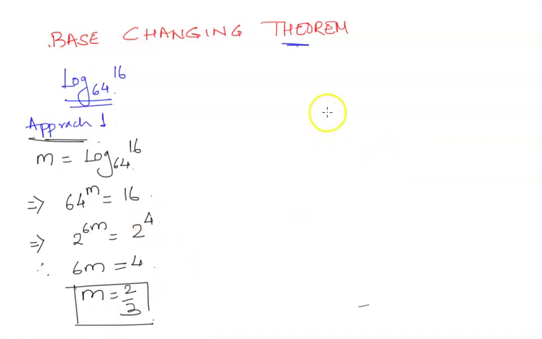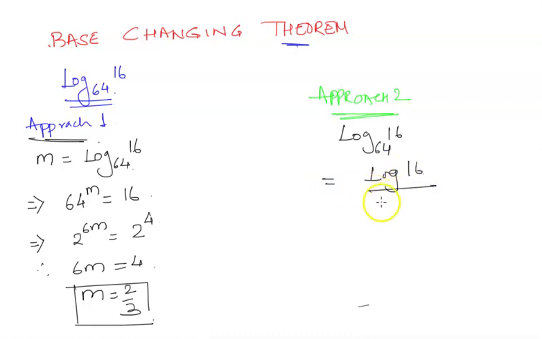Now let's use approach 2. So log 16 to the base 64 is something we can write as log 16 by log 64 through the base changing theorem, and let's choose our base.